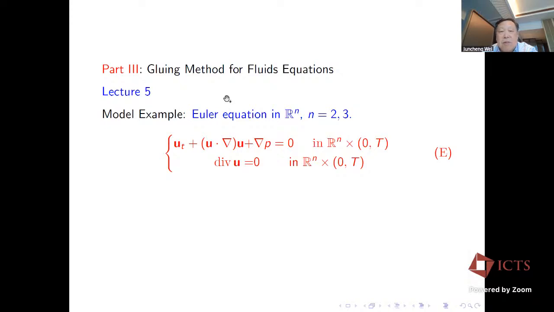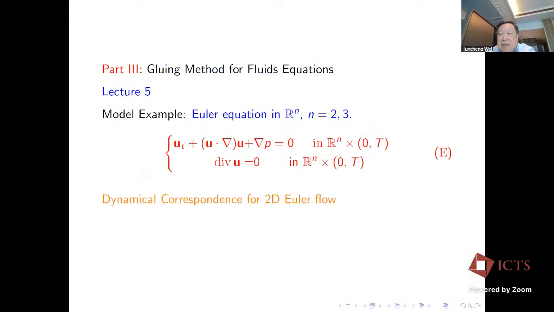The Euler equation is the best well-known fluid equation. It is given, in terms of the velocity u, by u dot gradient u plus gradient p equals 0, and incompressible.